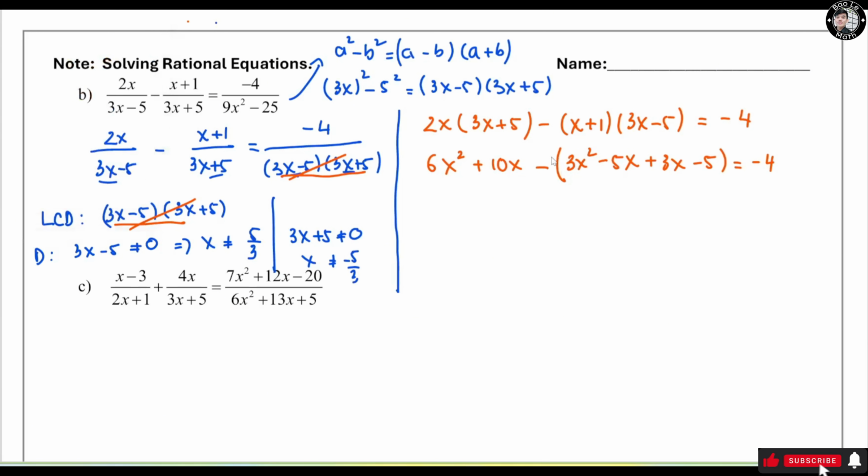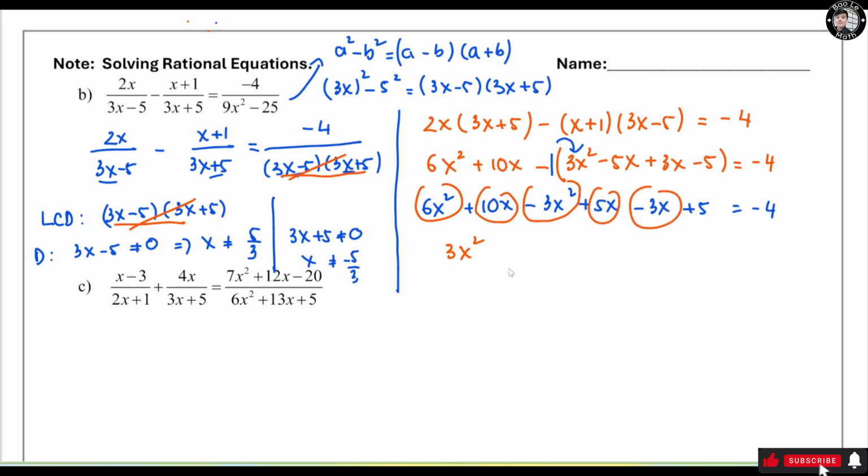Now I'm going to distribute the -1, so I have 6s squared plus 10s minus 3s squared plus 5s minus 3s plus 5 equals -4. 6s squared minus 3s squared is 3s squared. 10s plus 5s minus 3s is plus 12s.